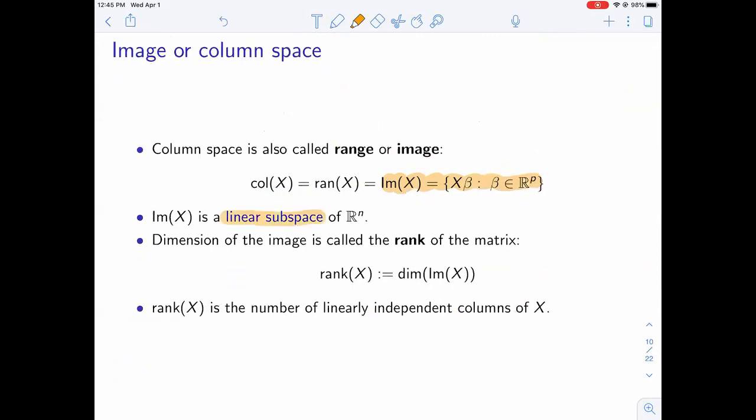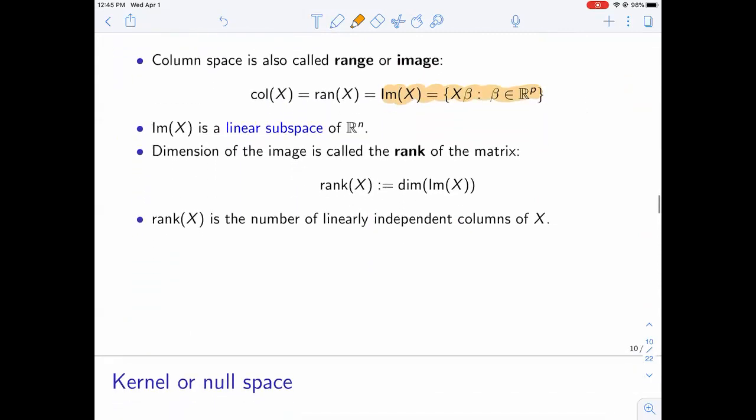If you add up two vectors that are in the image, you get another vector which is also in the image. And if you scale a vector in the image by a number, you get another vector which is in the image. And because it's a linear subspace, it's going to have a dimension, if you recall.